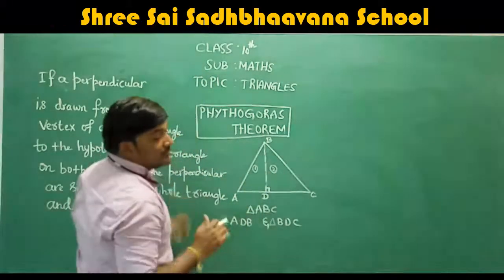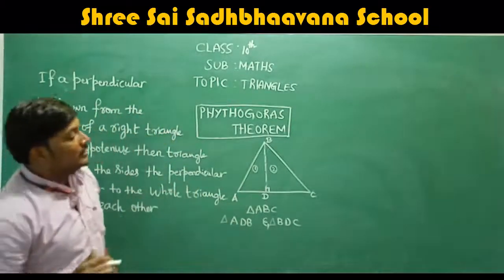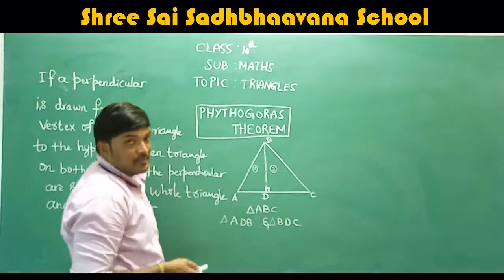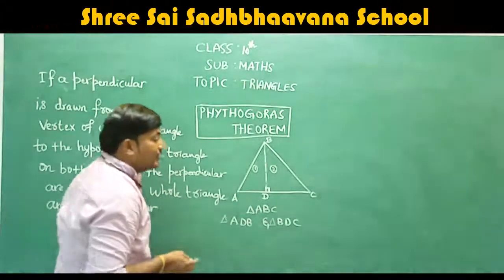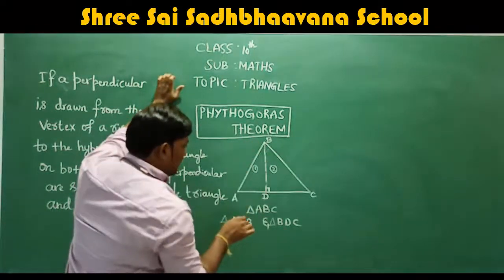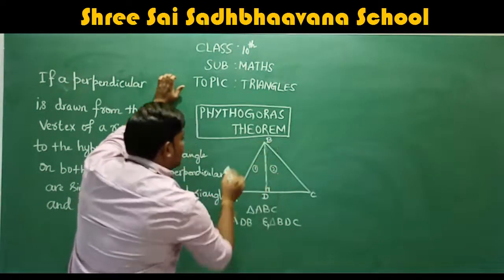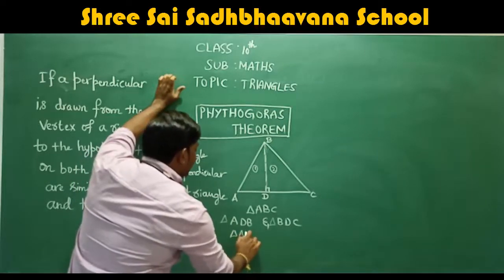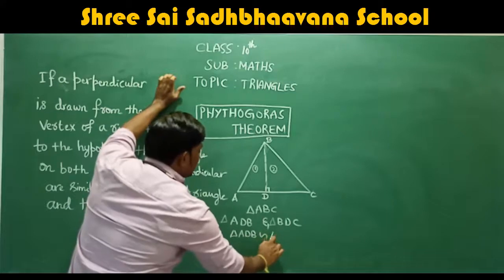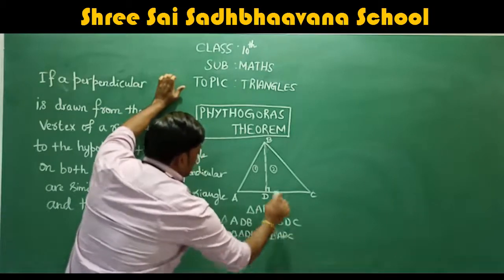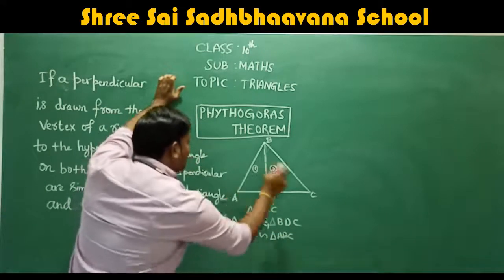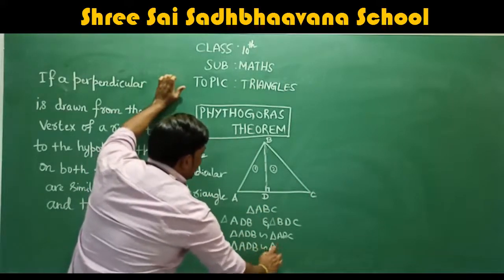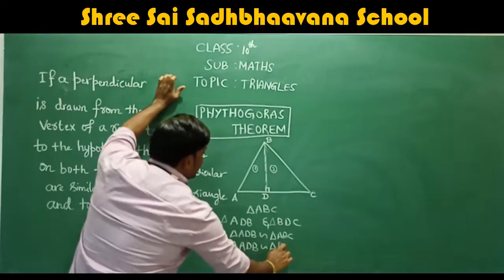And here guys, just look at this figure, we have three triangles, including triangle ABC. According to this theorem, once you draw a perpendicular to the hypotenuse from any vertex, triangle ADB is similar to triangle ABC, and triangle ADB is also similar to triangle BDC.